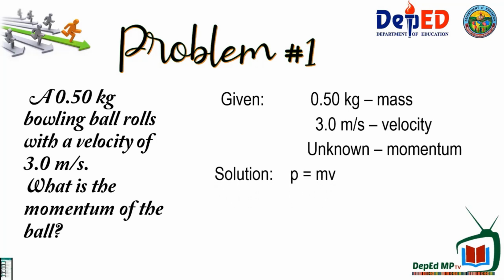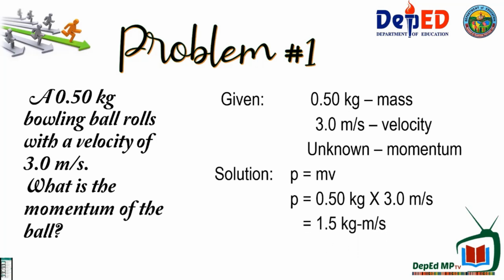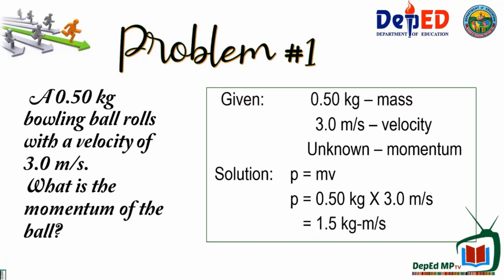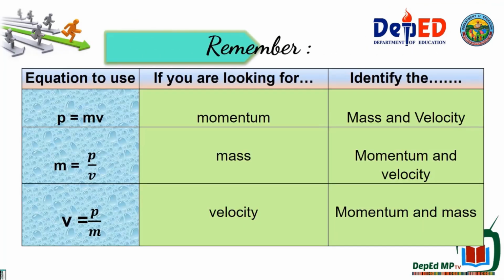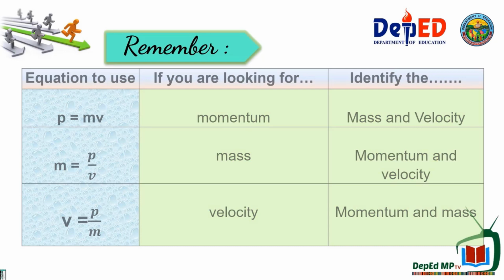P is equal to mass times velocity, wherein 0.50 kg is multiplied to 3.0 meter per second. Yields the answer 1.5 kg-meter per second. Remember these equations. If you are looking for momentum, mass, and velocity, you use the following formula.